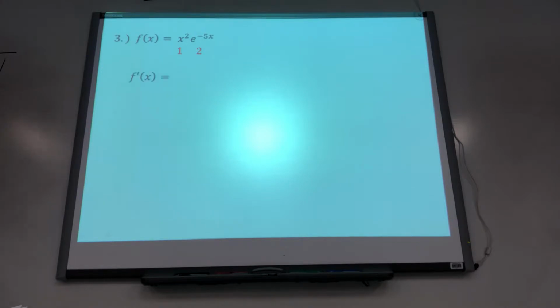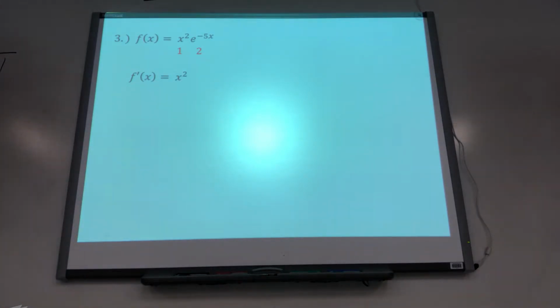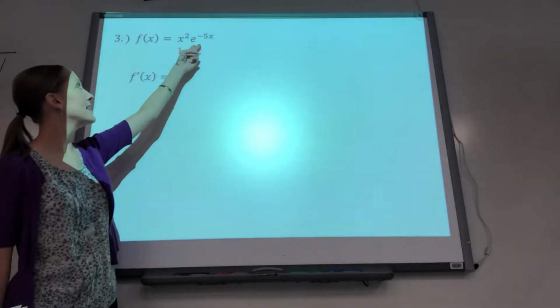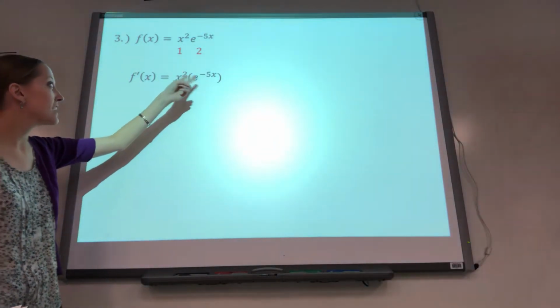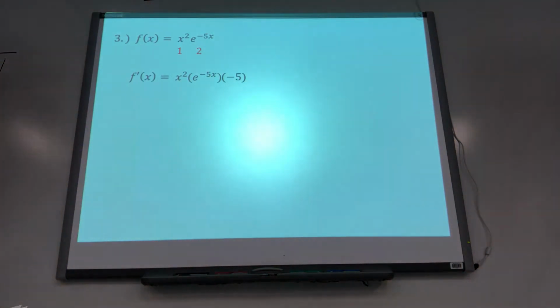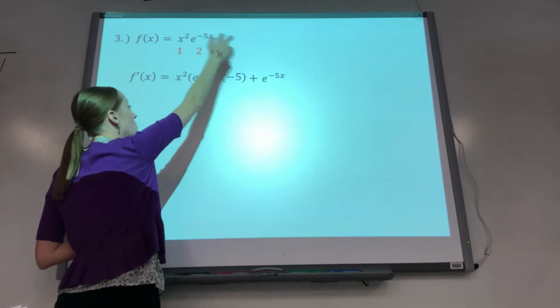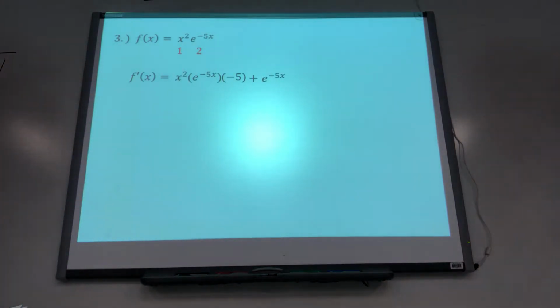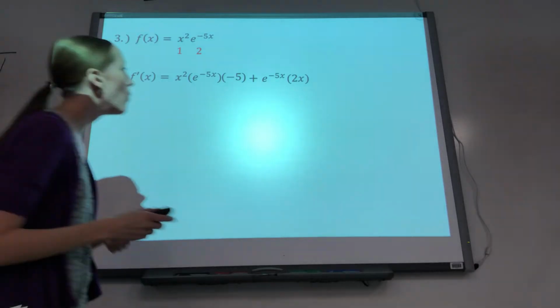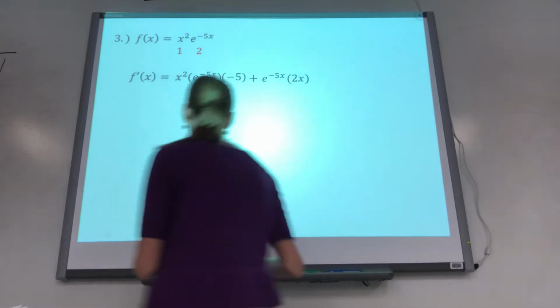So 1d2 plus 2d1. 1 is just x squared. d2, derivative of e to the negative 5x, is going to be e to the negative 5x times negative 5, because that was the u part. Okay, 1d2 plus 2, which is e to the negative 5x, d1. Derivative of x squared would just be 2x.